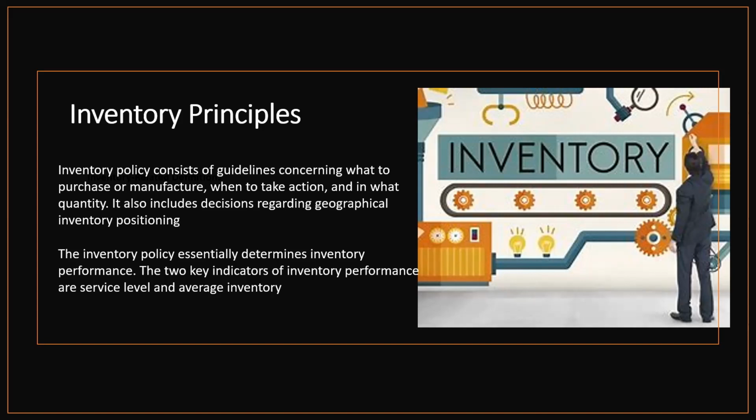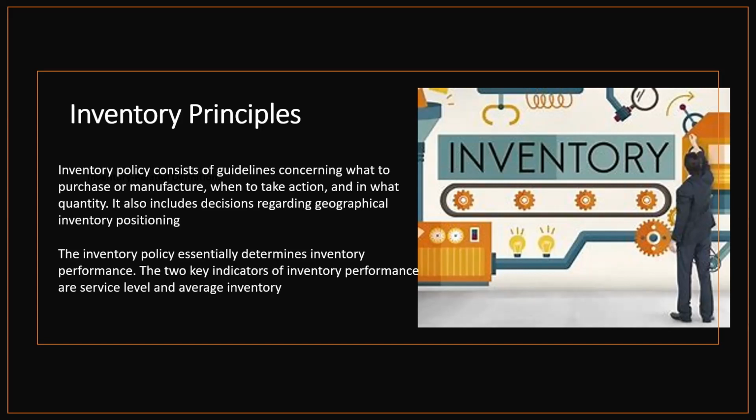So management will specify that this is the target we want, and it defines the inventory performance objective. Service level is often measured in terms of order cycle time, case fill rates, line fill rates, order fill rate, or any combination of these.